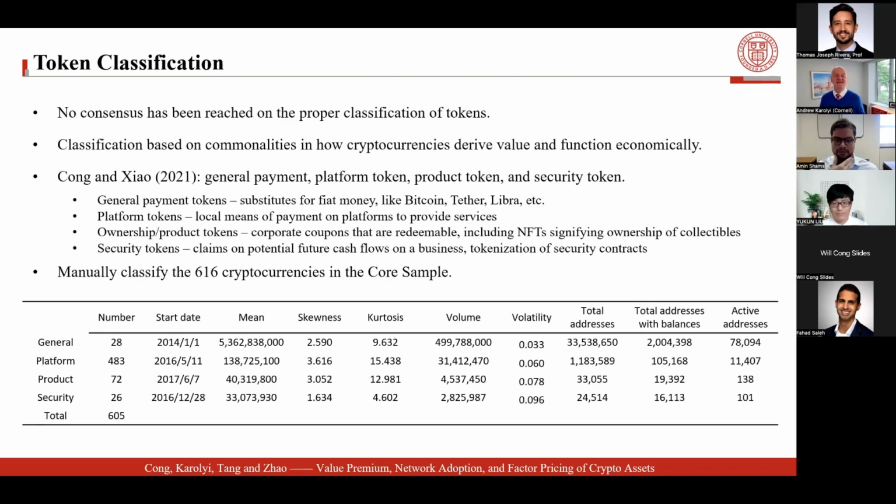There are some really nice examples. I love, for example, in that paper, table 1 gives you some very direct examples. Ethereum is clearly a platform token because it's basically a platform for smart contracts that gives you opportunities to do other kinds of activities from the base of the spine of the platform, as opposed to Dogecoin or Bitcoin, which are clearly more general payment types of categories.